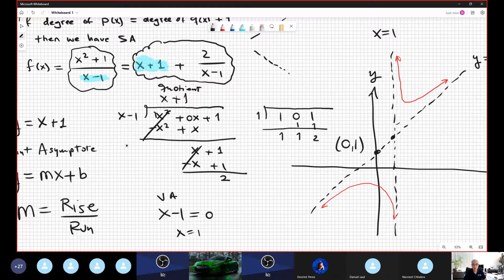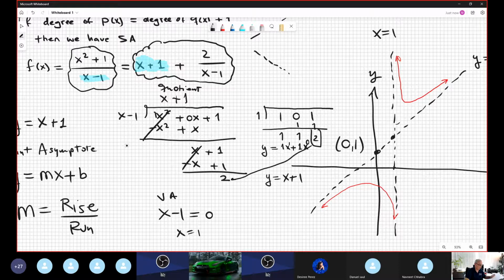And 1 plus 1 is 2. And this 2 represents the remainder. And the answer is this: y equals 1x plus 1, x to the 0, x to the 1, which is actually x plus 1. Super good.